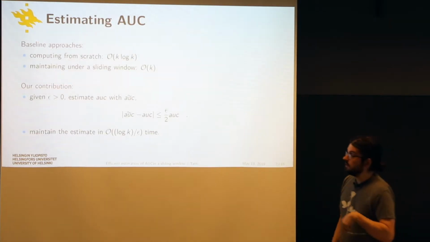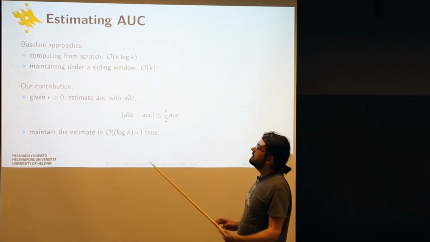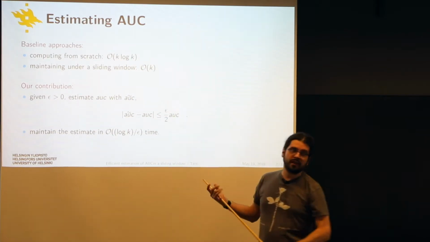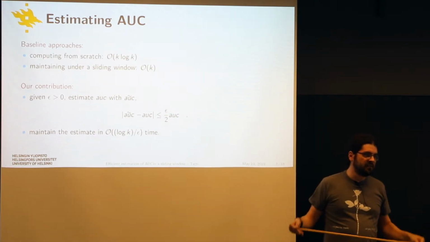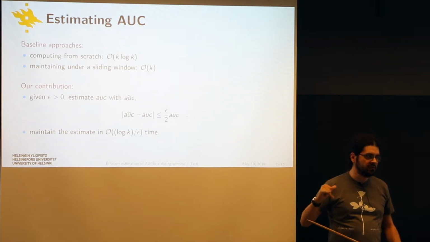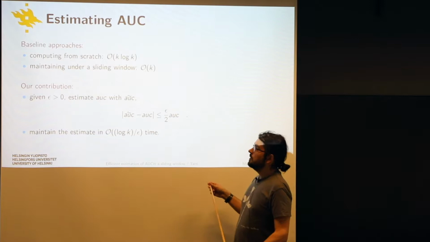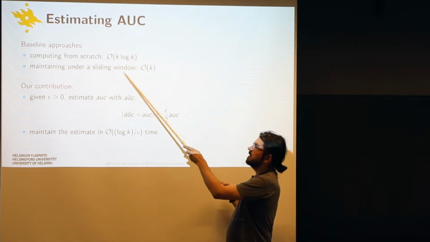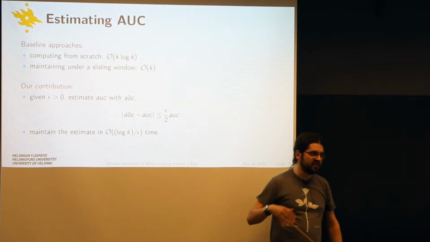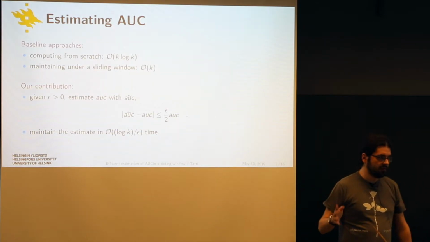Let's look at the running time. Computing from scratch, you need k log k time, which you spend on just sorting these elements. That's the price you have to pay. You can do slightly better if you maintain a sorted order, and then you can do it in time k. So that's the exact algorithm.